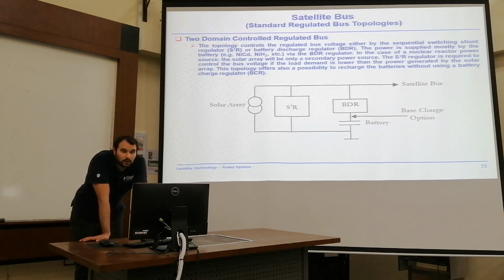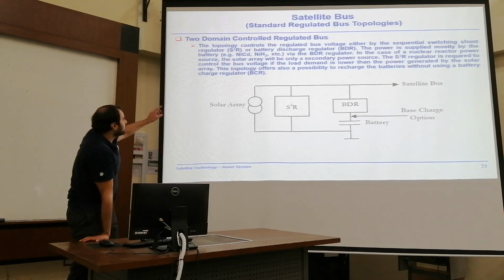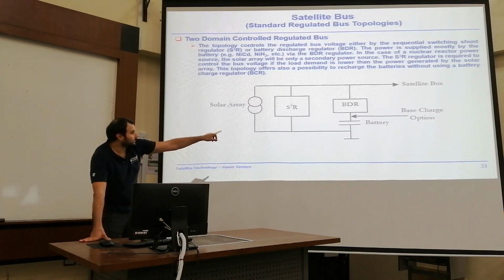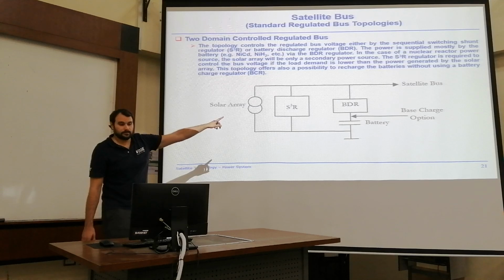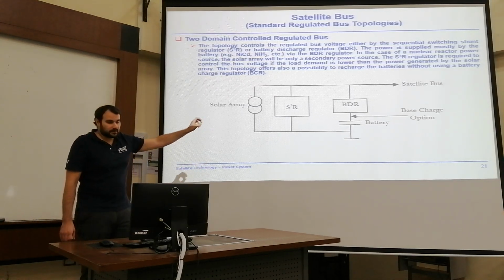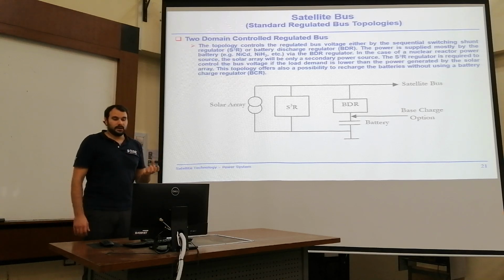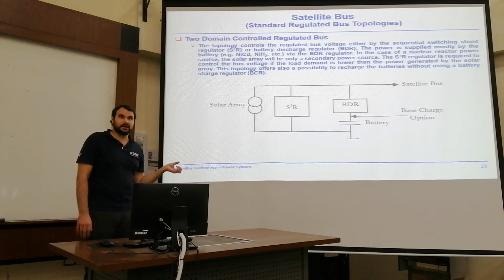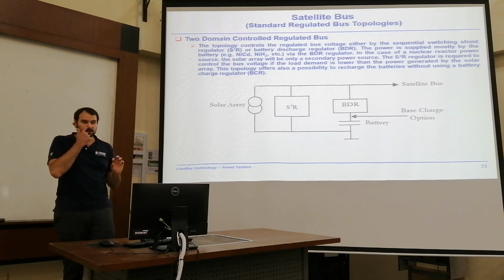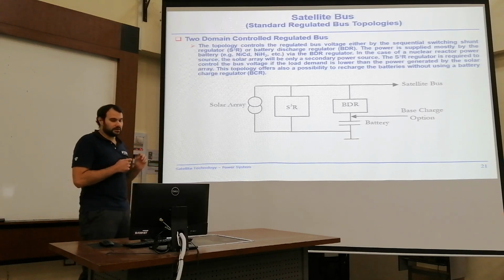And in the case of a nuclear power source, the solar array will only be the secondary power source. The SR3 regulator is required to control the bus voltage if the load demand is lower than the power generated by the solar array. That means this topology offers the possibility to recharge the batteries without using a battery charge regulator.